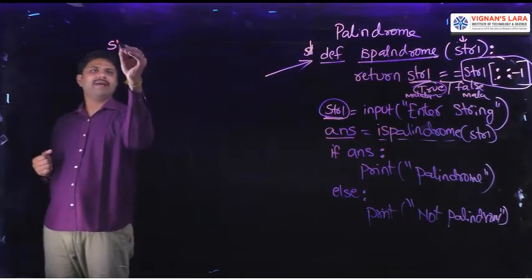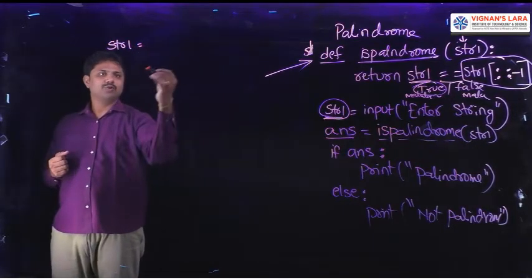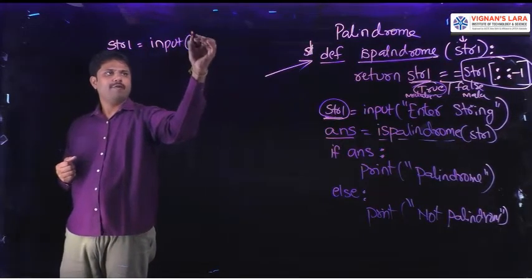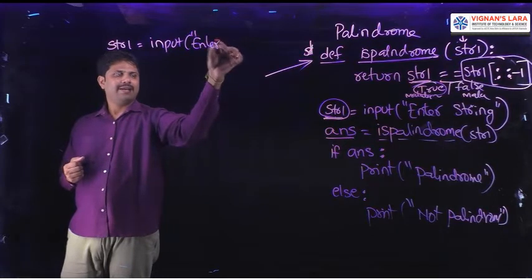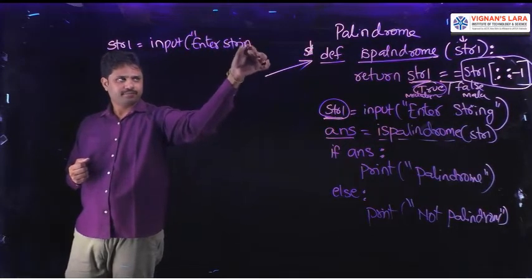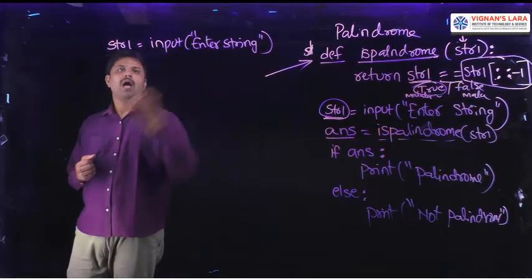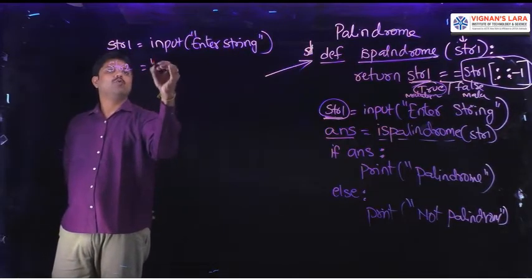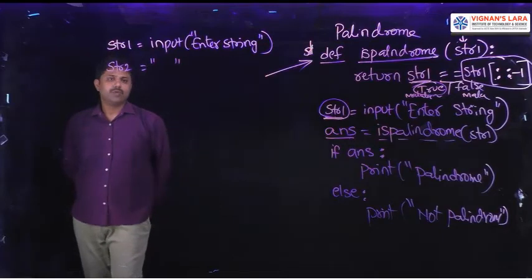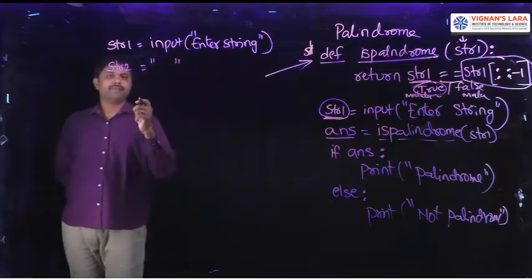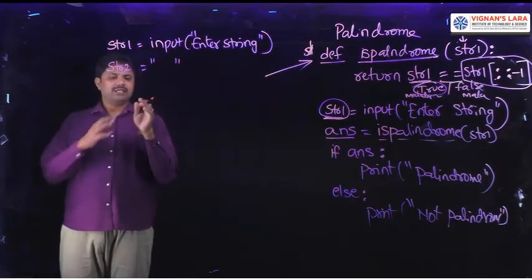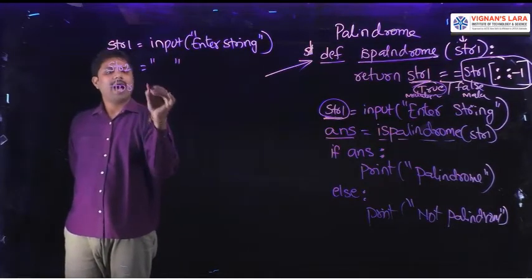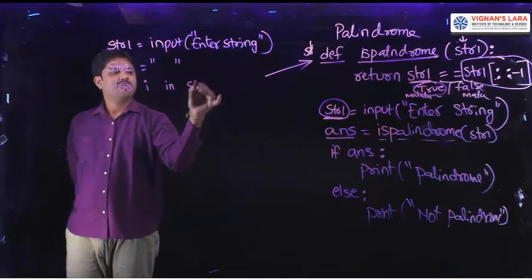Now I am taking str1 equals input of enter string. Now I am taking one more string str2, which is an empty string. So here I just use a for loop, for i in str1.